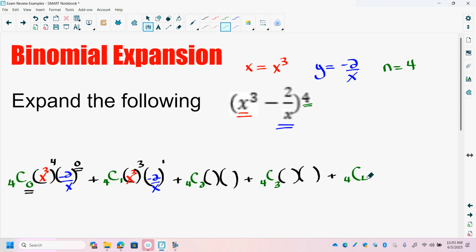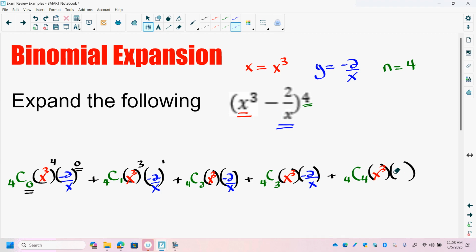So this is what my pattern is going to look like. The first bracket always gets your x value, in this case x cubed, whatever that first term in the binomial is. The second bracket always gets your y value, or the second term in the binomial.